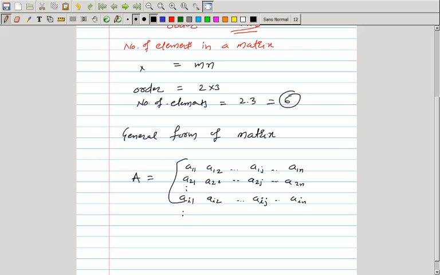So continuing it like this, this will be am1, am2, and so on, amj, and amn.